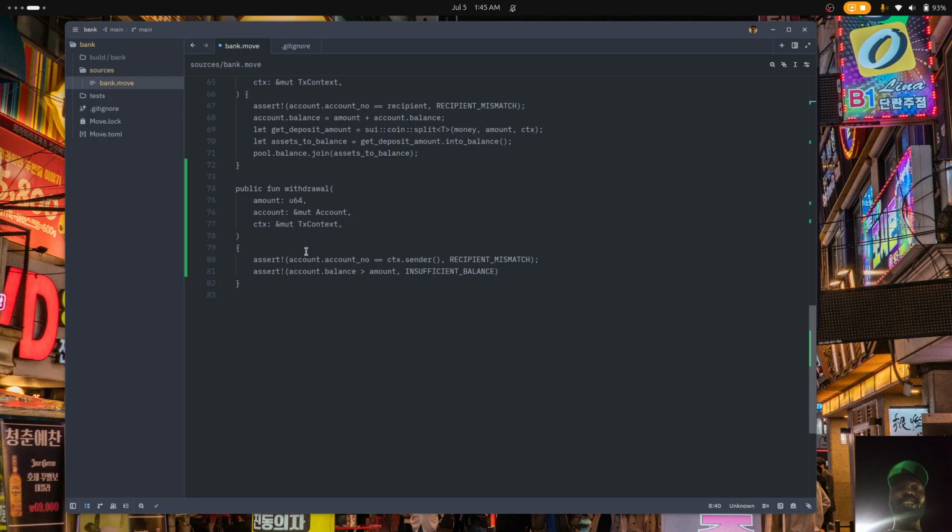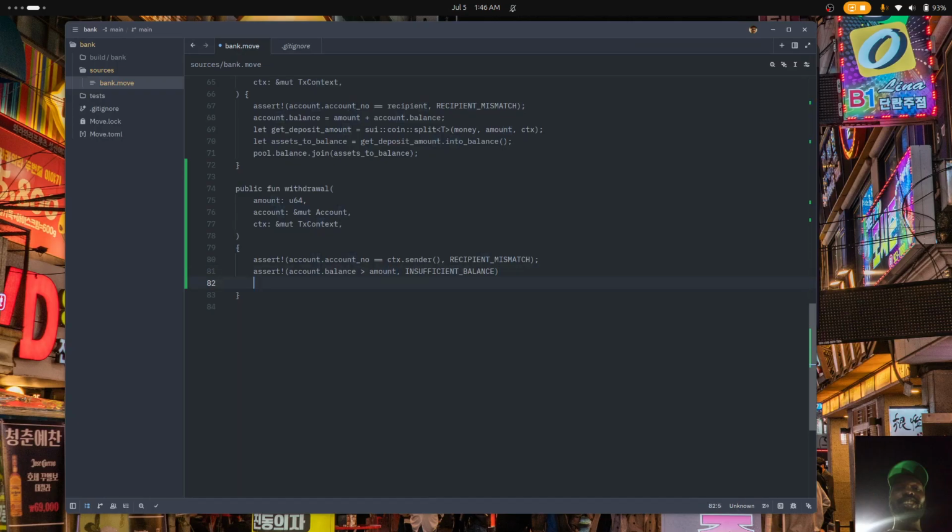So we assert that he must be the one trying to call this transaction, and it's going to pass the object. Next we want to check if they have sufficient balance. Then if they have sufficient balance, we want to start it again.